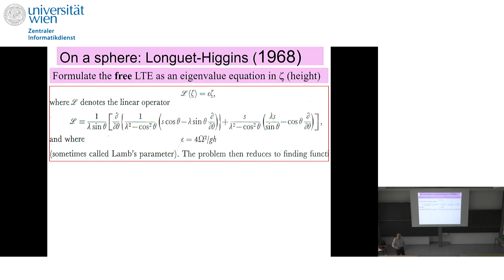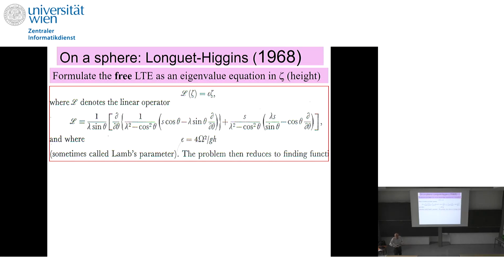Beforehand, in the Cartesian coordinates, I used alpha, which is just the normalized speed of gravity waves. But here, in order to be consistent with Longuet-Higgins, I took this epsilon. You just scale the equations a little differently, and you get the same thing.